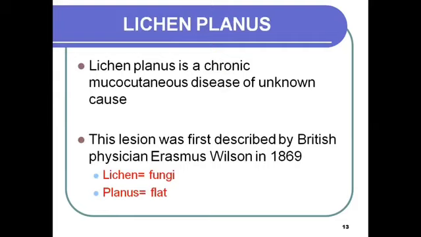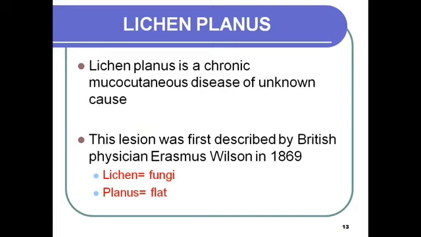The first one is lichen planus. It is a chronic mucocutaneous disease of unknown cause. This was described by British physician Erasmus Wilson in 1869. Because lichen means fungi, planus is flat, its appearance is a flat appearance.